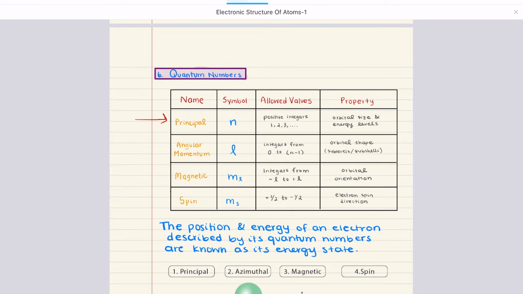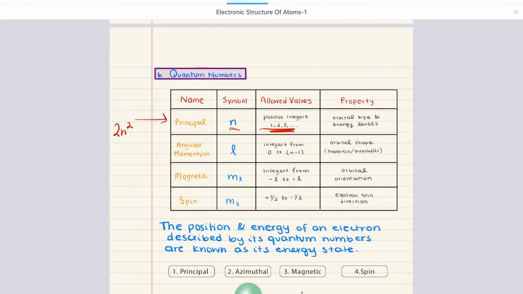It's denoted as lowercase n, and it can take on any positive integer value. The larger the value of n, the higher the energy level and the larger the orbital. Within each shell, there is a capacity to hold a certain number of electrons, and that is given by the equation 2n squared. This will make a little more sense later.